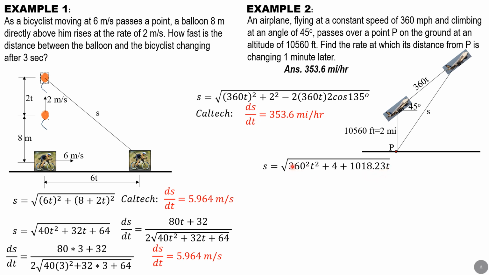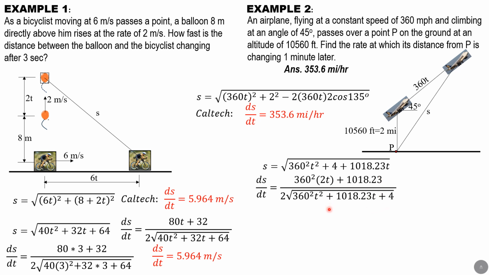So again, we have the square root of u. So the derivative of this, ds/dt, is the derivative of the inside, then divided by 2 square root of, we just copy. So that is 360 squared times 2t, plus 1018.23, divided by 2 square root of 360 squared t squared plus 1018.23t plus 4.